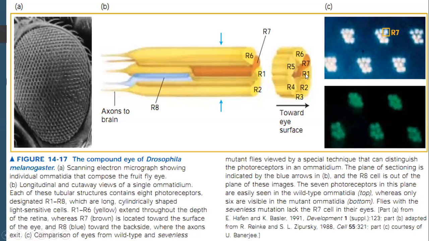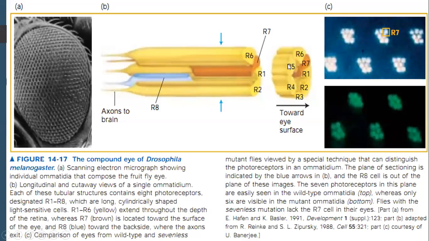You can see these 8 cells. This is R1, R2, R3, R4, R5, R6, and R7. If you see the R7, this is shorter. Even R8 is also shorter, and this is the outer view of the eye, and the inner view is inside of the eye, the R8.